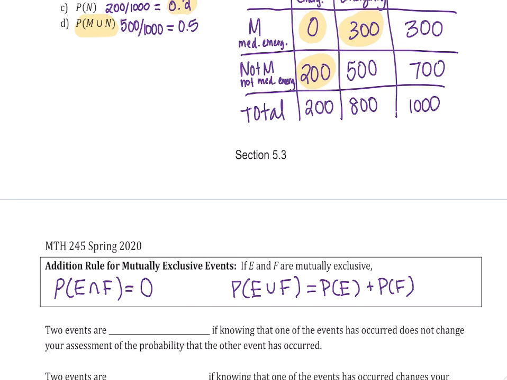Well, there was nothing in that little intersection box, so you don't have to worry about any overcounting here. So these mutually exclusive events make something a little bit easier for us to calculate the OR problems.